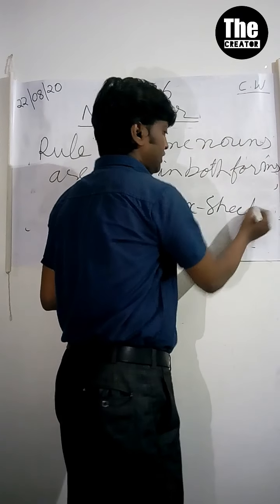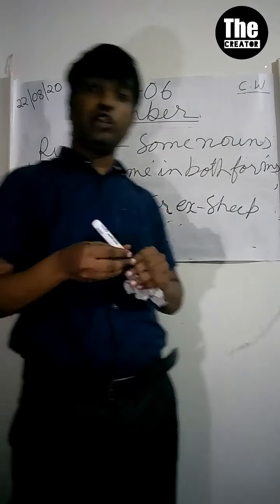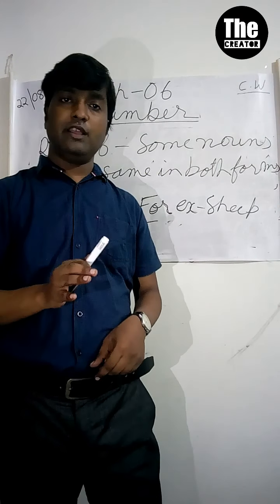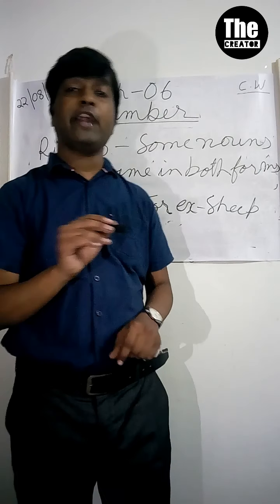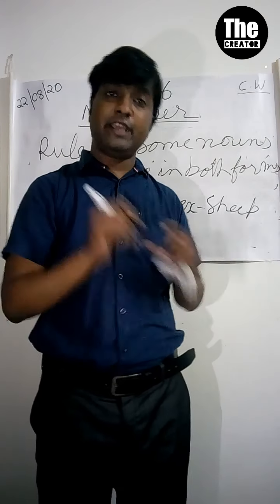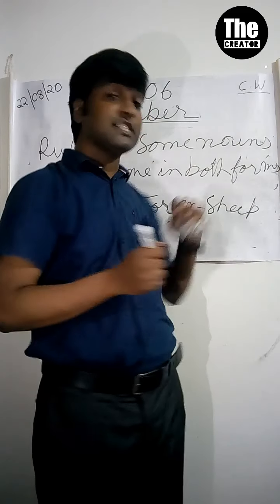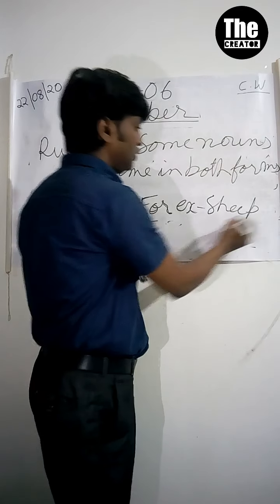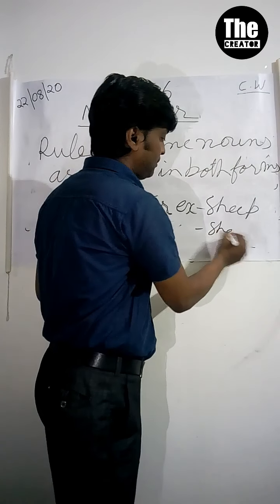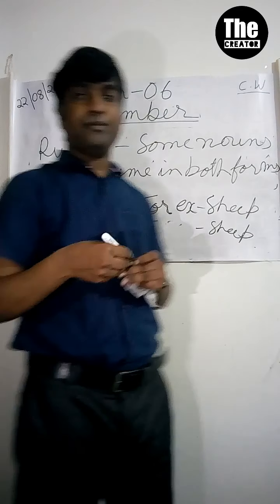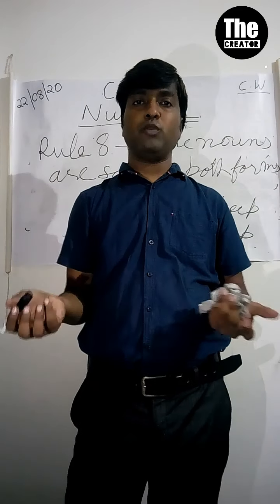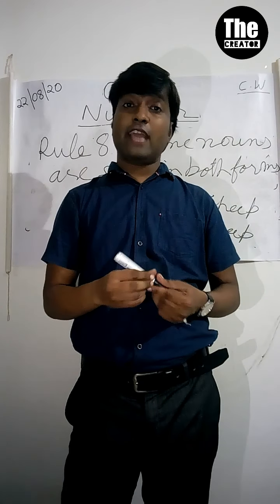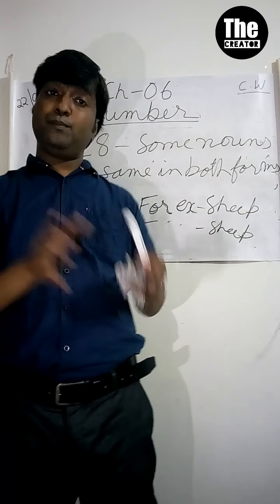Sheep can be considered in both cases, singular and plural as well. You cannot add S, you cannot add IES, you cannot add VES. Got it? You can't change the spelling also. So it would remain the same in the plural form. So sheep becomes sheep again in the plural form. Got it? One more example, deer, D-E-E-R, deer, that can be used both in singular and plural as well.